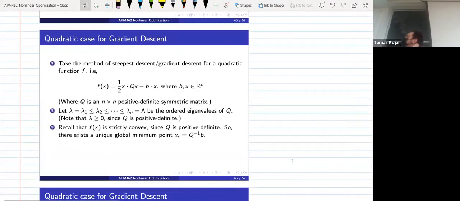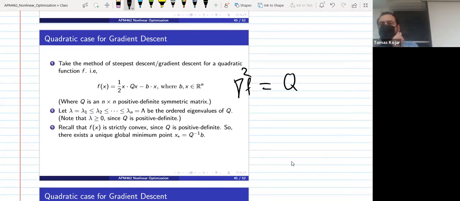Q is positive definite, so if you take the double derivative and it's symmetric, you end up with Q. There's no Q transpose because there's a half, so you get Q transpose plus Q divided by 2, but it's symmetric.